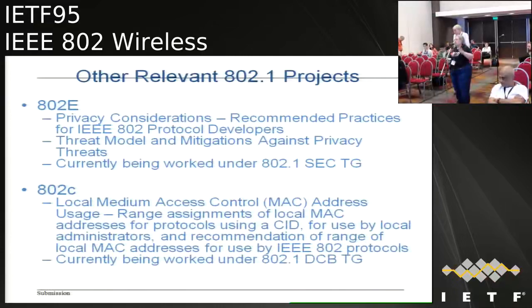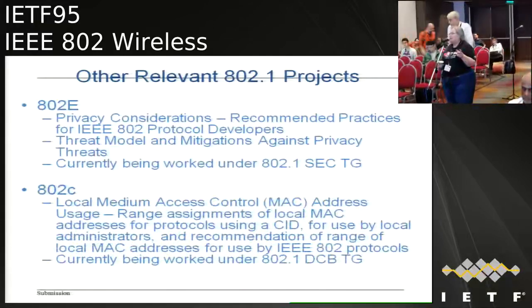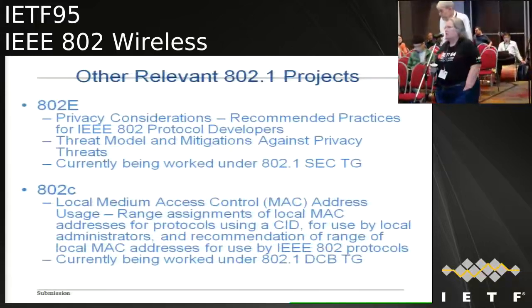We also have the privacy project, which is in 802.1, and that's dealing with making recommendations about privacy, producing a privacy guideline. So that's also a way we're dealing with that. And if at the time that finishes, there's a feeling that there are some pieces that need to be standardized to help it along, that would probably be handled as recommendations coming out of that group to do a project.